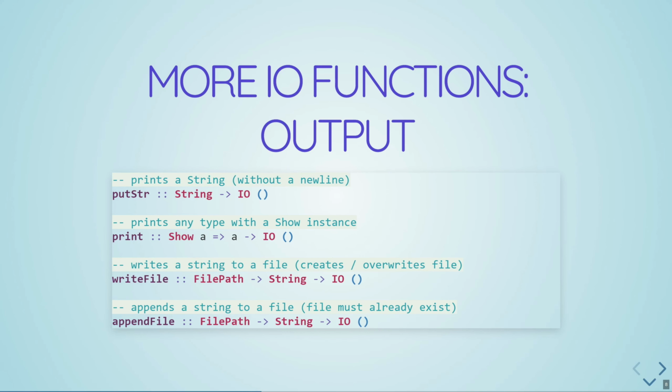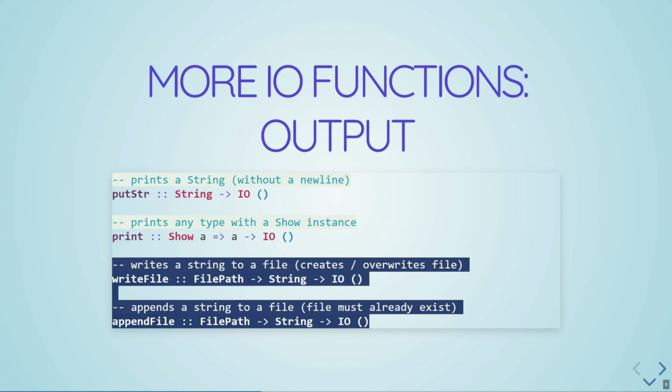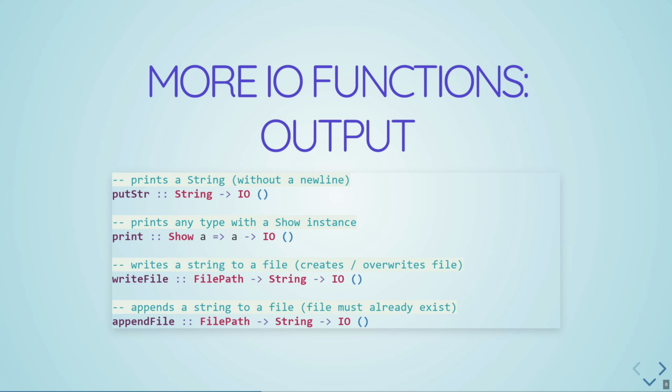Then there's also the write and append files. So these are the file output functions here. So these write to a file. If you want to create a file and you have a string and you want to put that into the file, what you do is you specify the file path, and this file path type is actually just a string itself.